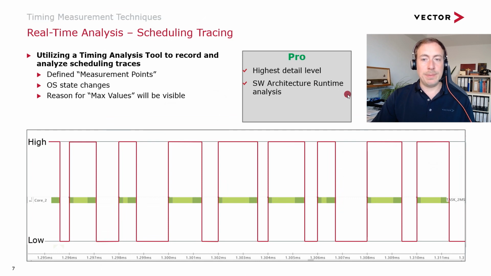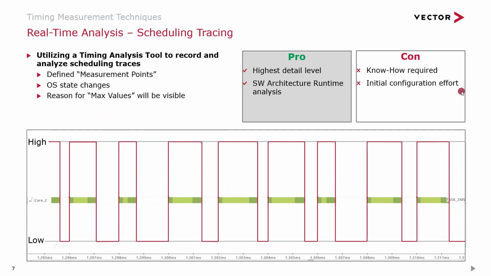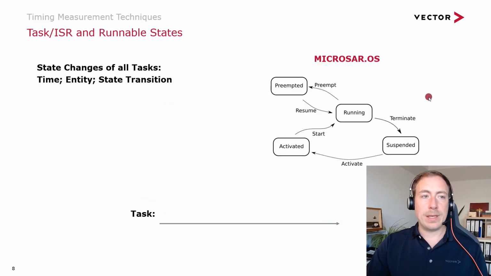It provides also a little bit of a software architecture runtime analysis, but you need know-how to do this. It's not always commonly known how to apply this technique, and you of course need to configure it in your OS.